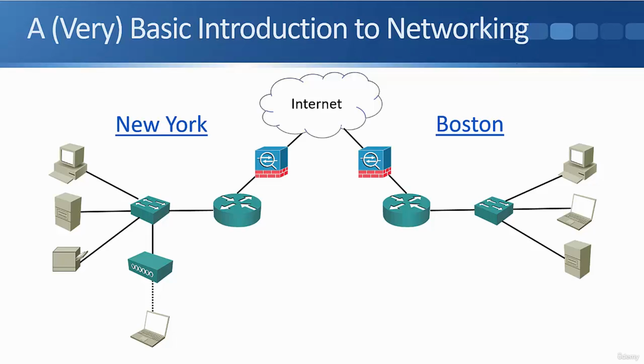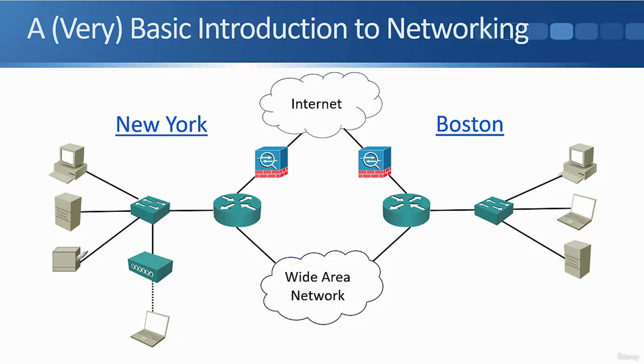I want the end hosts in both of those sites to be able to communicate with each other. It is possible that they could communicate securely over the internet if I set that up, but another way of doing it is I could maybe put in a dedicated connection between my two routers in both sites, and that's going to give me my wide area network connection between my different offices.